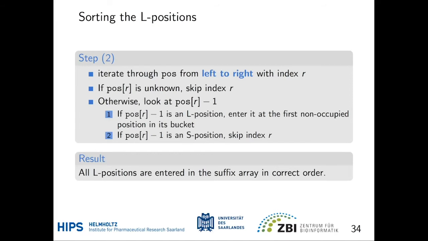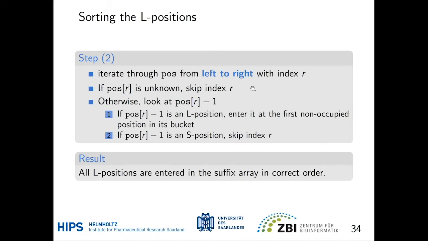Now, in the actual production step of the algorithm, we scan the suffix array from left to right, that is from start to the end, with an index R, and each time we look at the position that is stored at this index. If nothing is stored, pos of R is unknown, then we simply skip this index.